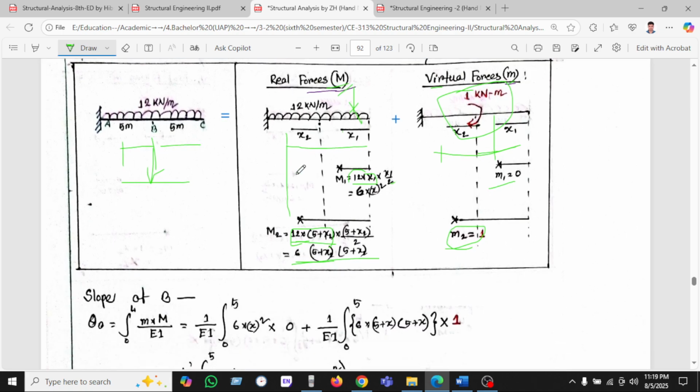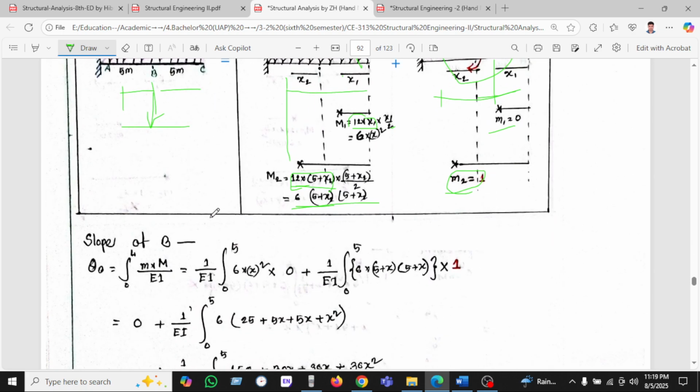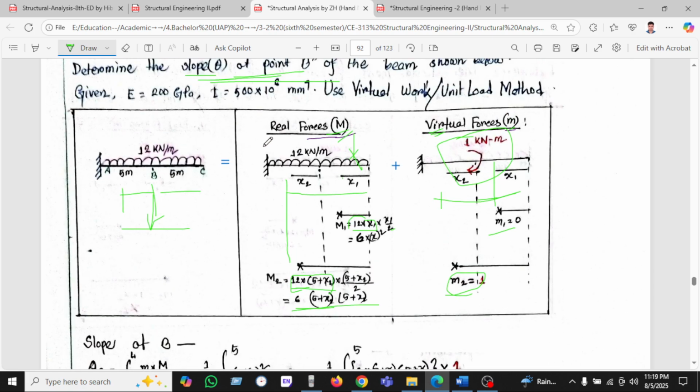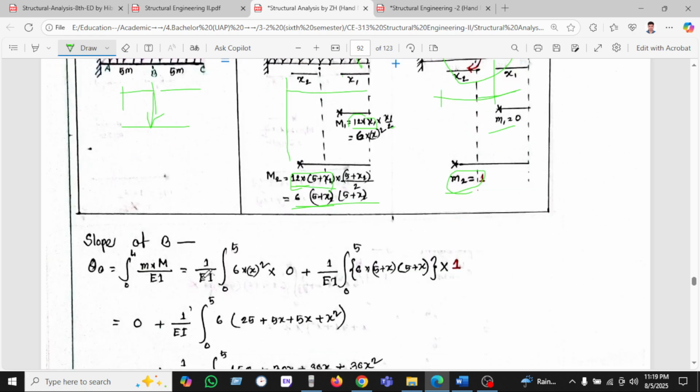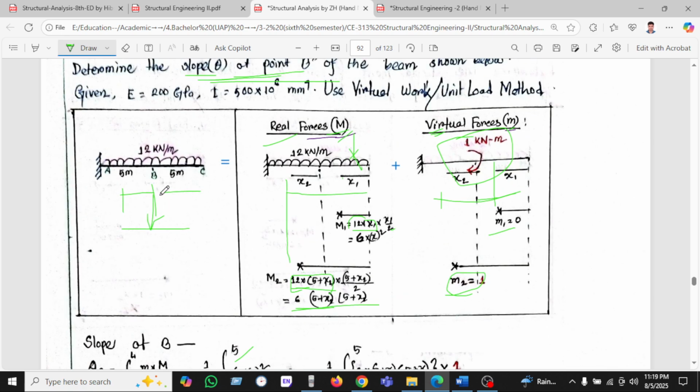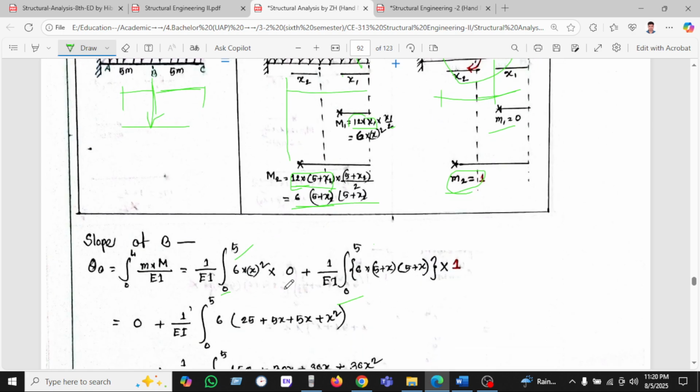Okay, so after finding this, we know m into M, where small m is the virtual force and the real force is M. So we are taking it here, with limits 0 to 5 for the first portion, BC, and the second portion limits 0 to 5 as well.